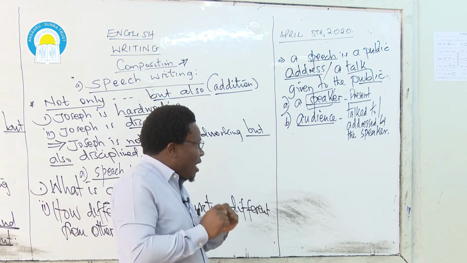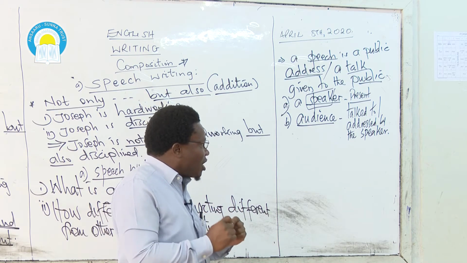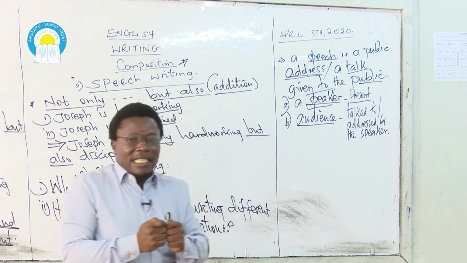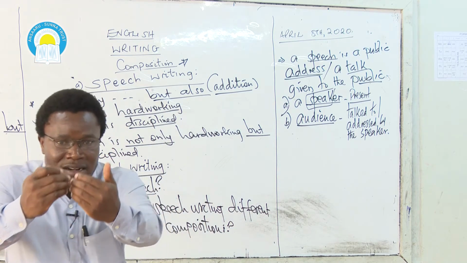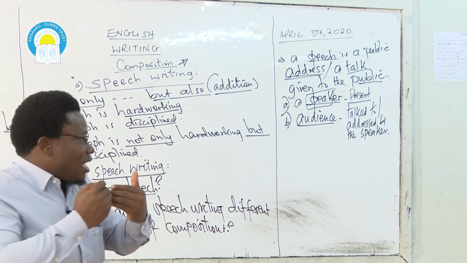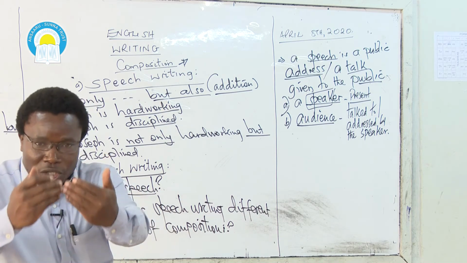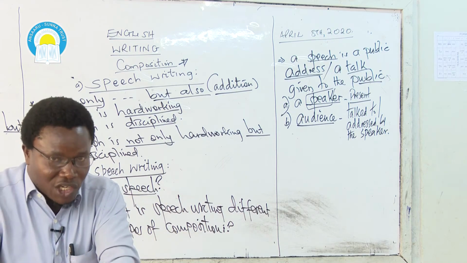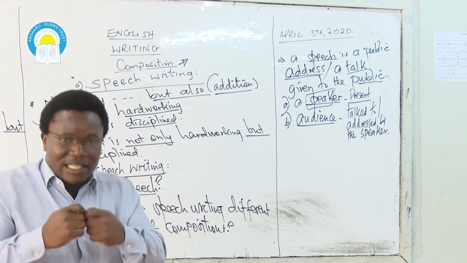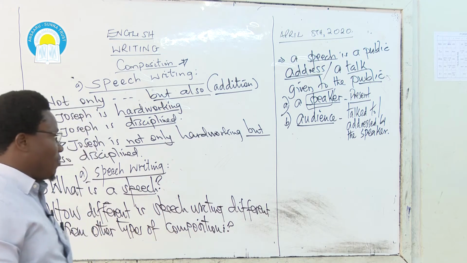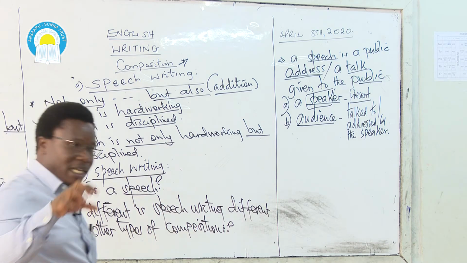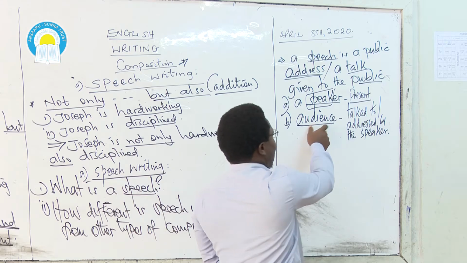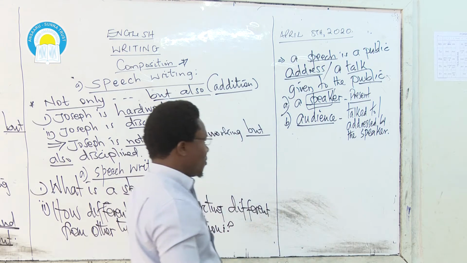You need to understand that in a speech writing composition, it is the speaker addressing, it is the speaker giving a talk, it is the speaker making a speech, it's the speaker addressing the public. Therefore, this public is the one we are referring to as the audience.